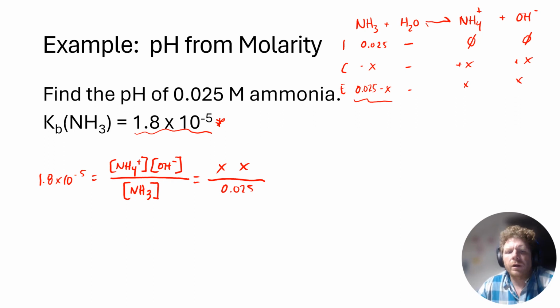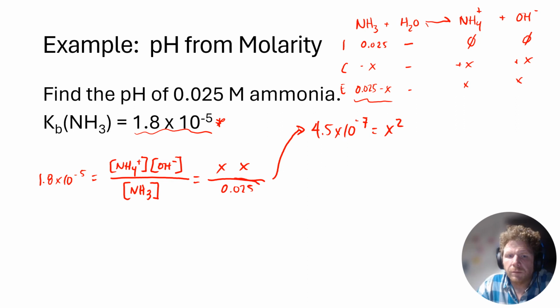Then the algebra: 1.8 times 10 to the negative fifth times 0.025 gives 4.5 times 10 to the negative 7, which equals X squared.